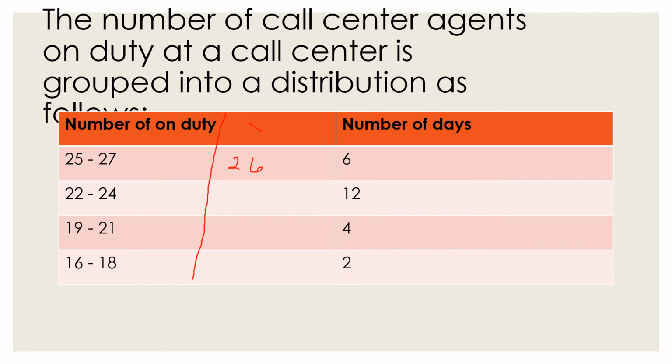So we can have this x: 26, 23, 20, 17, and then all you have to do is multiply by the frequency, so x times f, or f times x. 26 times 6 is 156.